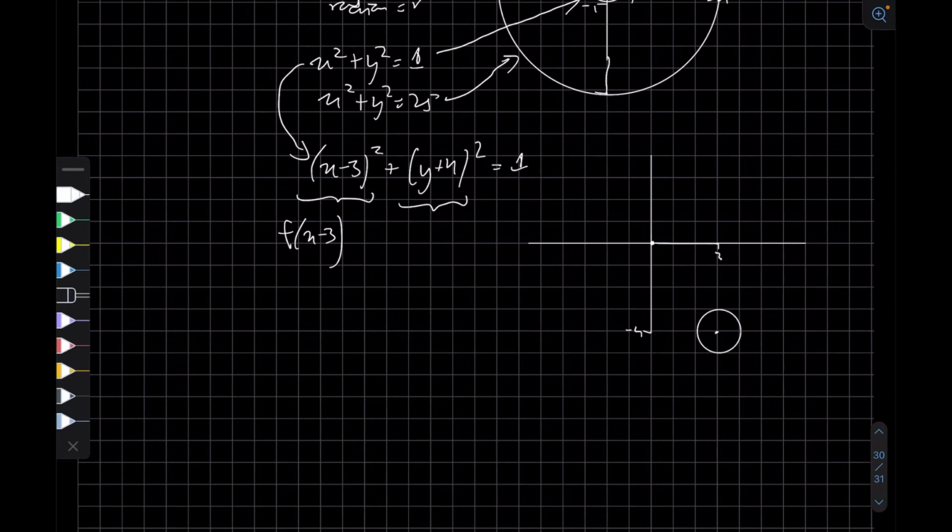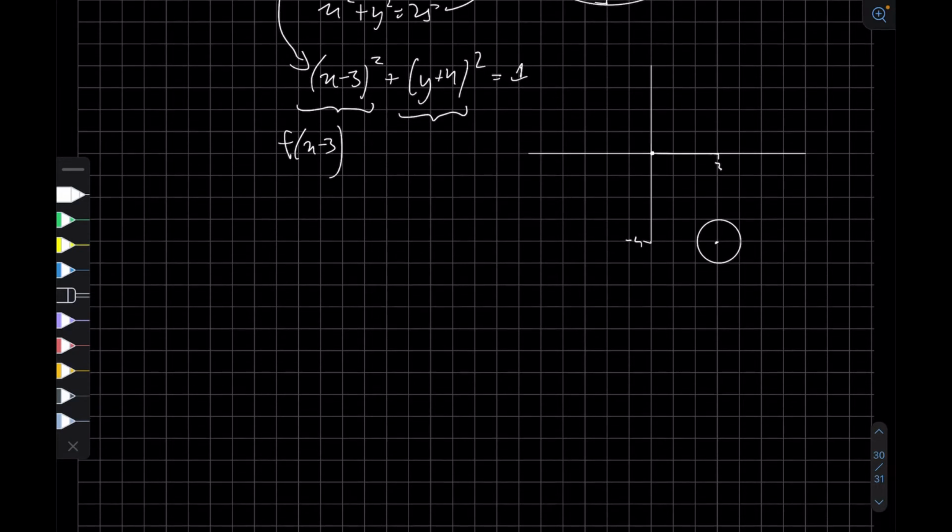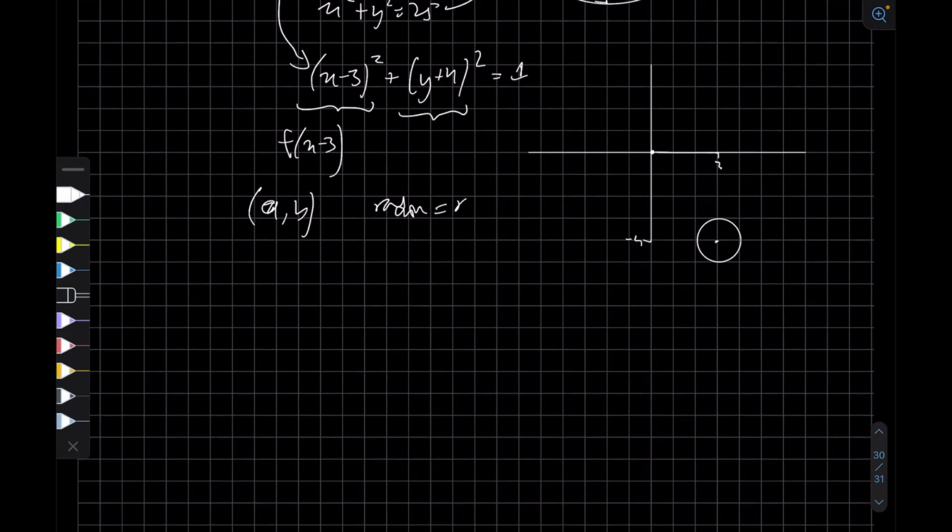And so we see that if the center of the circle is (a, b) and the radius is r, the equation in its standard form is (x minus a) whole squared plus (y minus b) whole squared equals r squared.